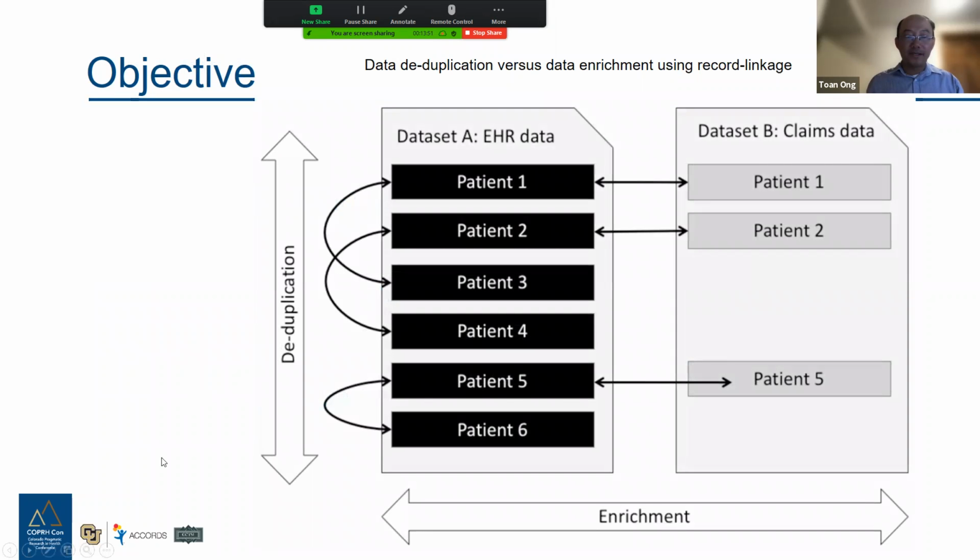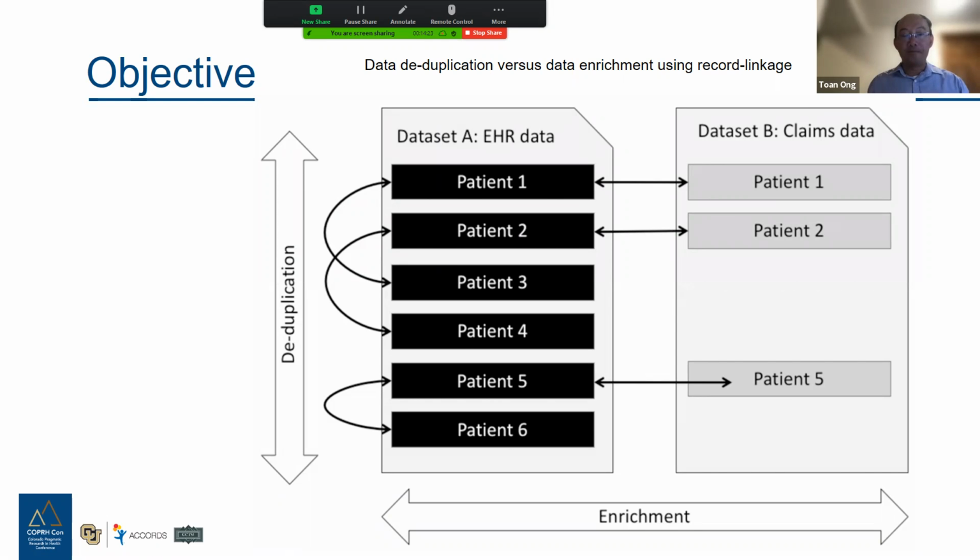So this diagram basically shows you at a very high level the 2 major operations of linkage. For example, if you have multiple records in the same data set, the deduplication effort is to link the records in that one data set together. So for example, record 1 links to record 3 and 2 to 4 and 5 to 6 and so on.